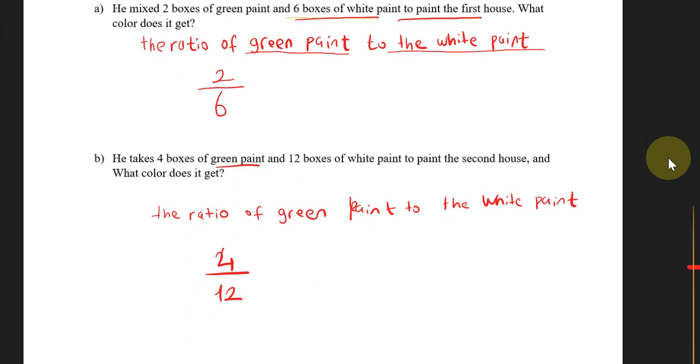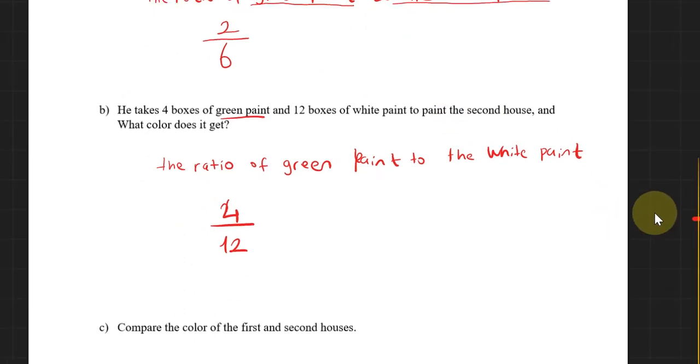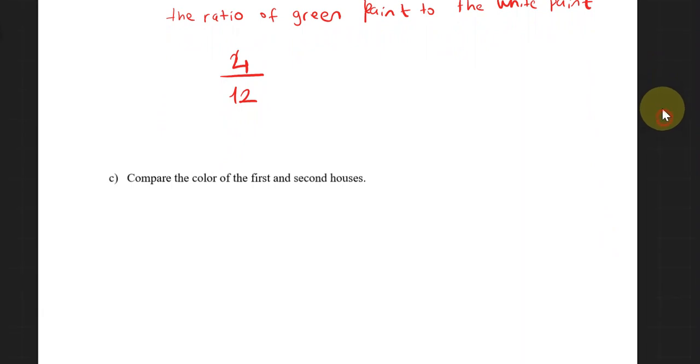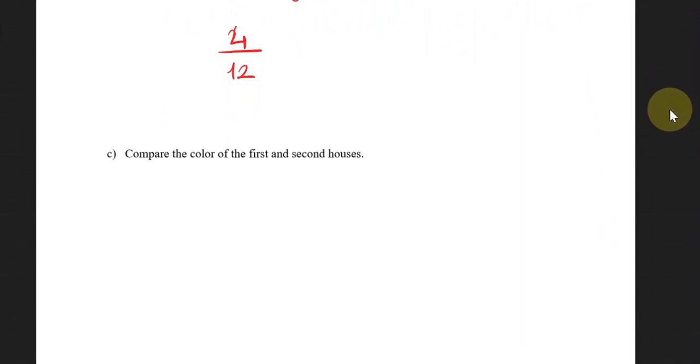We write the ratio, and I want you to compare the color of the first and the second house. As a help, I wanted to write the ratio of each. The ratio of the first one is this one and the second one is this one. Let's think a little bit for a while. This is not that easy.